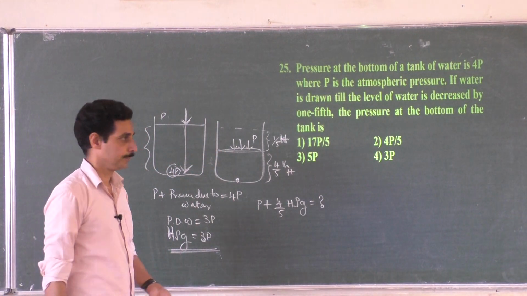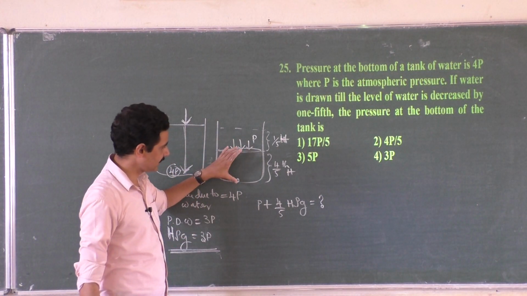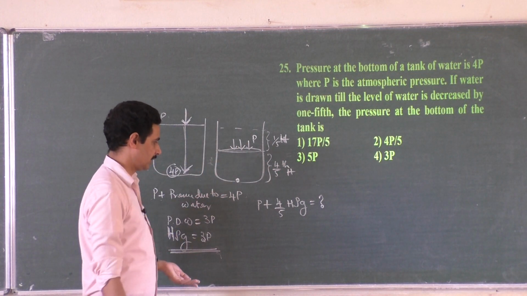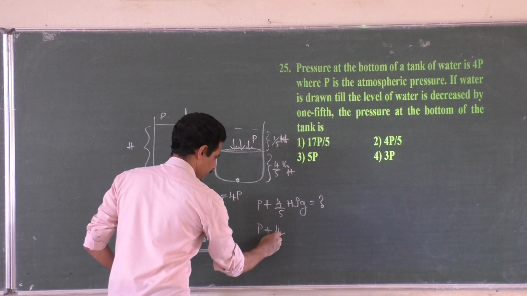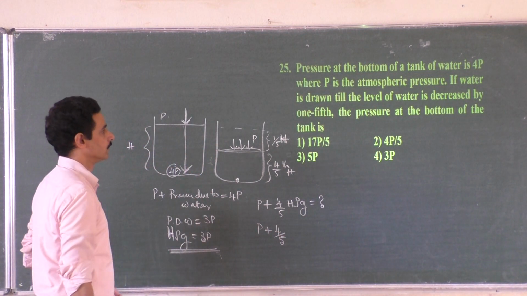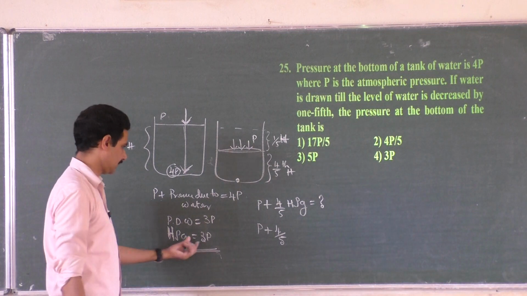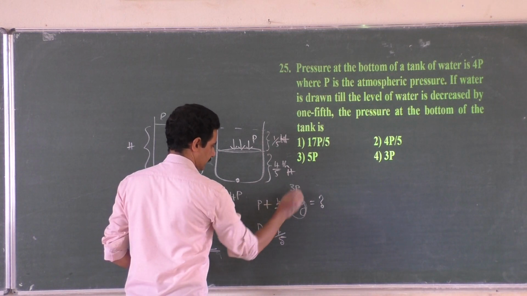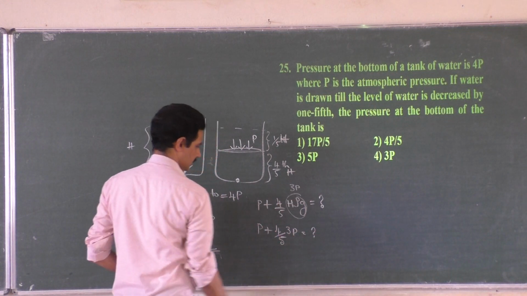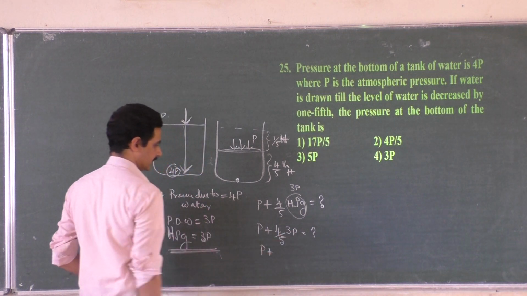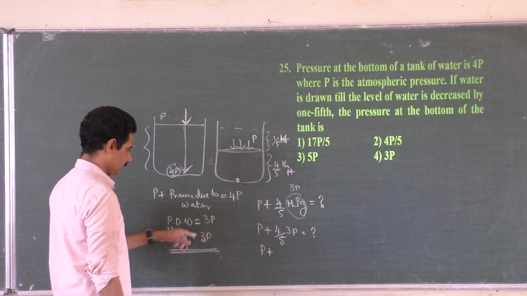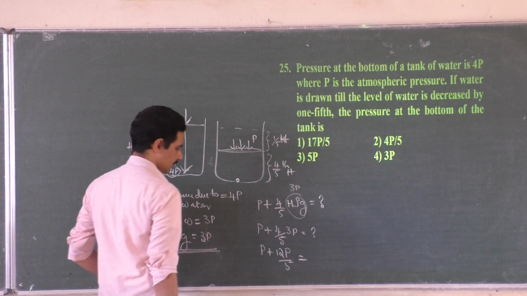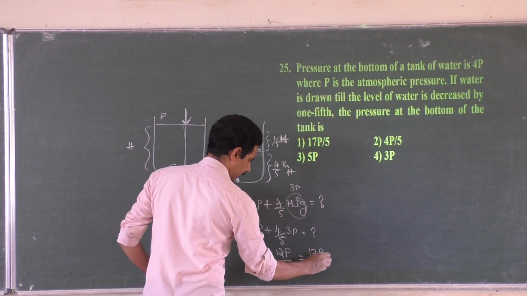That is what you have to find out. Pressure of atmosphere plus this pressure due to water, 4/5 of H rho g. H rho g is 3P, so this can be substituted as 3P. So it is P plus 4/5 of 3P, that is 12P by 5, which gives 17P by 5.